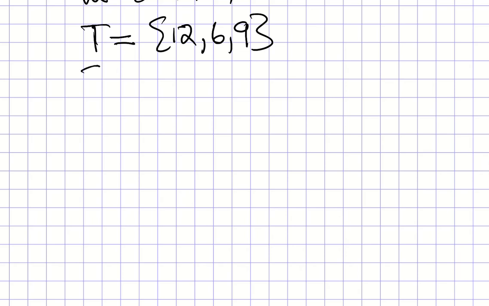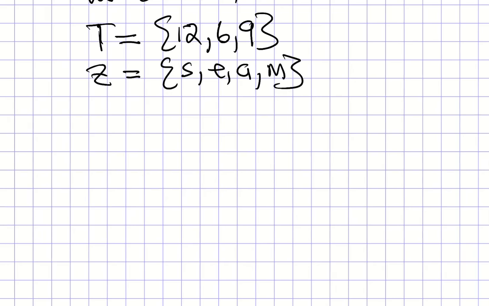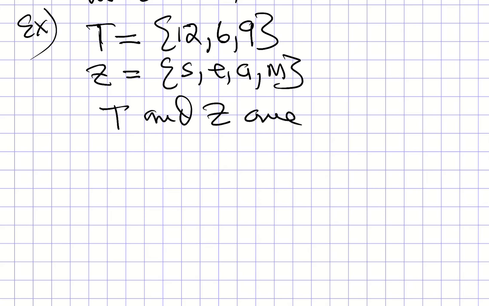We're going to use the same example. We had T equals 12, 6, 9, and Z equals S, E, A, M. Notice that T and Z are disjoint.